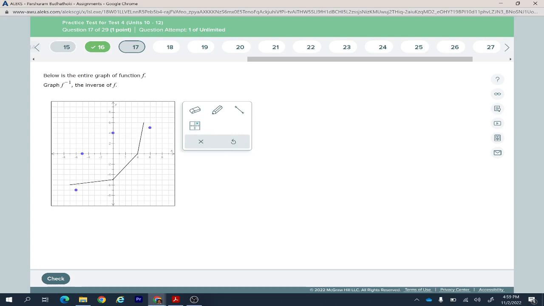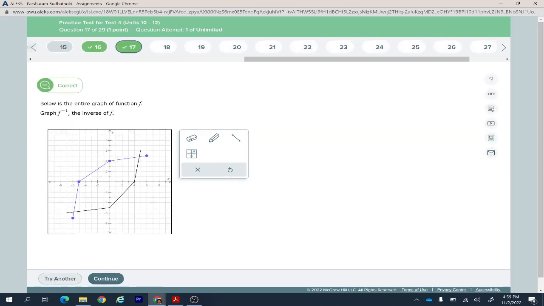Now we just have to join these points, from here to here, from here to here, and from here to here. Remember, the inverse function should be the mirror image if you place a line through the origin, the line y equals x. So this is our inverse graph.